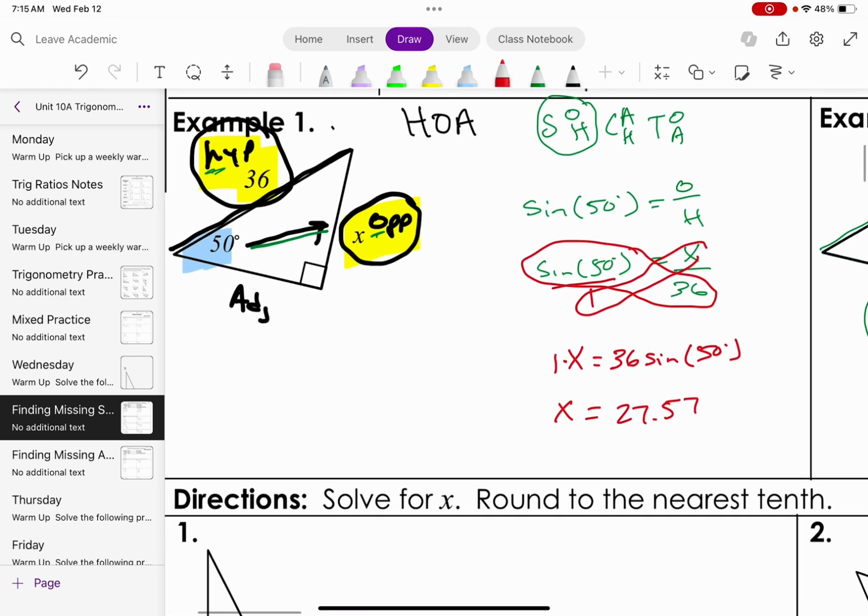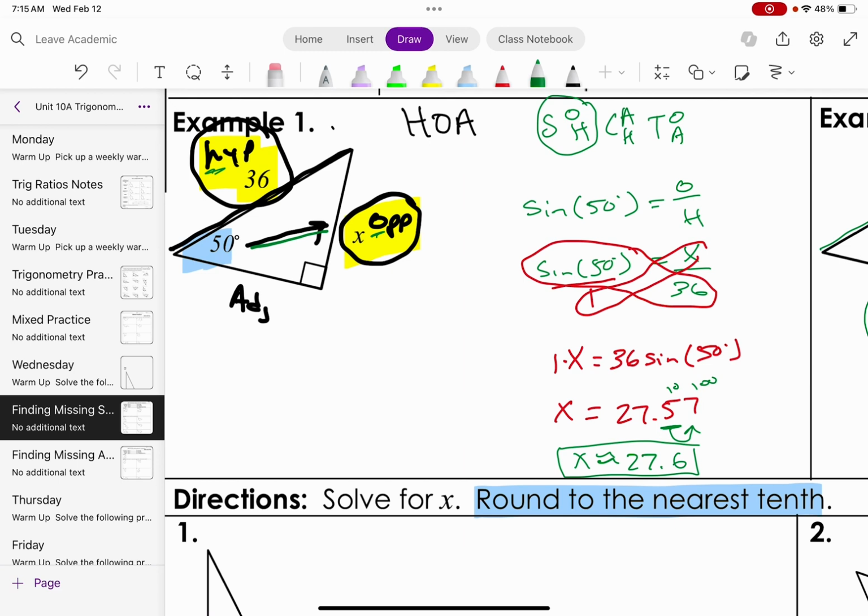But you notice down here it says round to the nearest tenth. So just make sure to look at the tenths spot, and look right behind it. Is that value 5 or above, which is the hundredths spot? And it's yes, so that means this will become 27.6 in this case. And then that's your final value, okay?